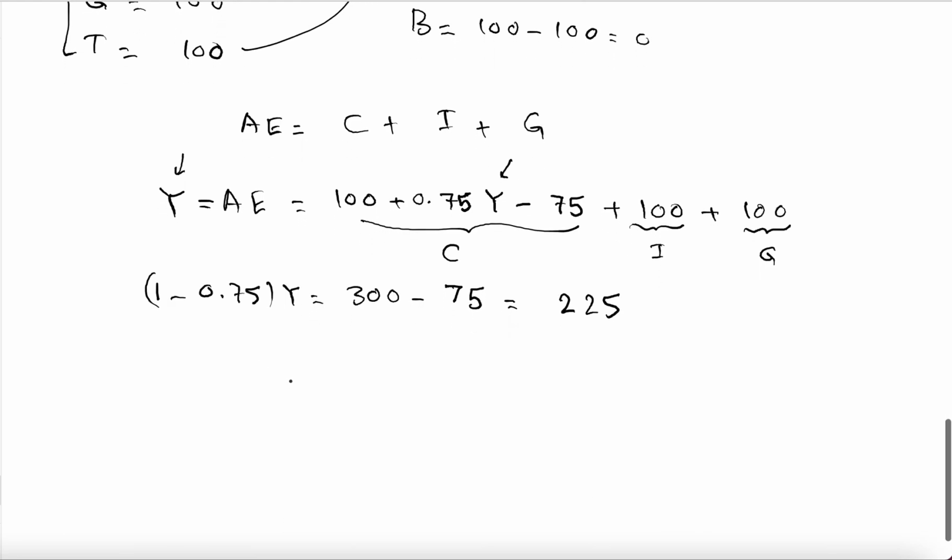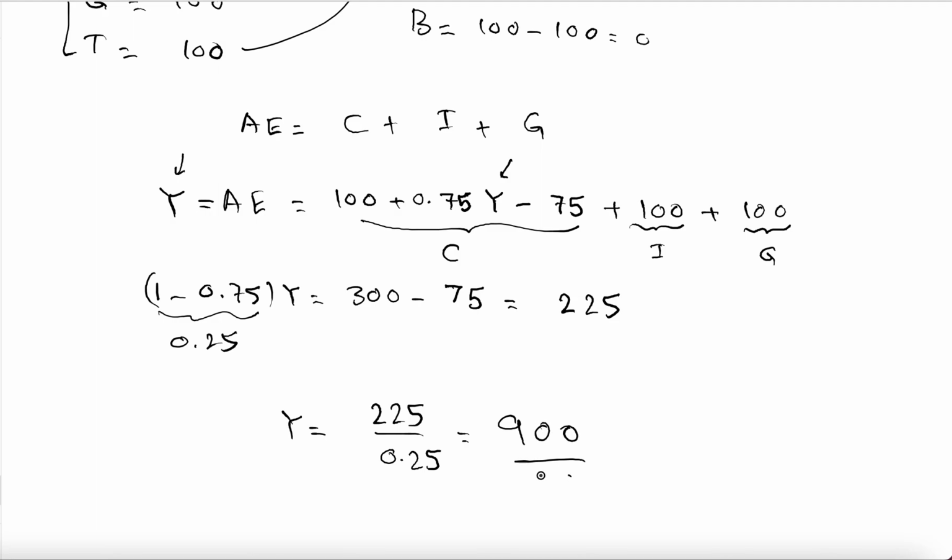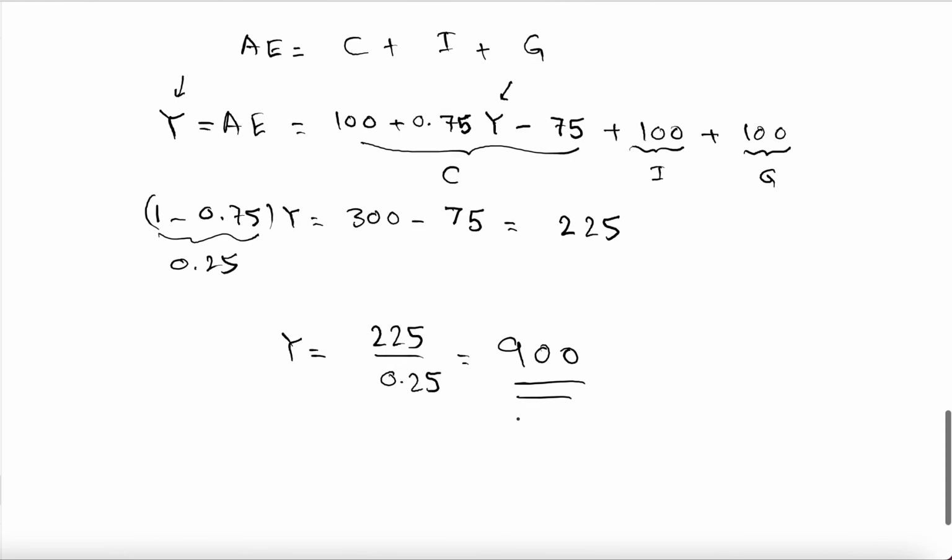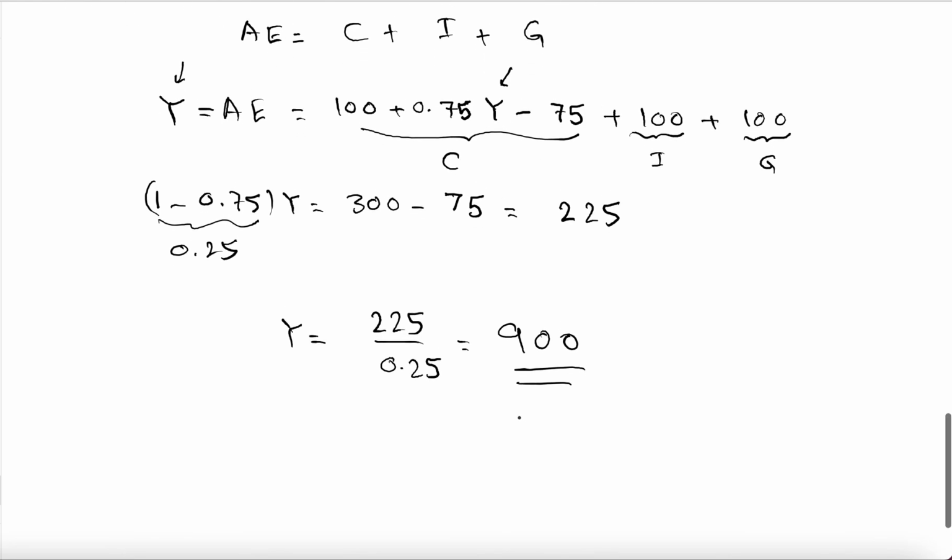And if you solve it, this is basically 0.25. So Y is going to be 225 divided by 0.25. So this is going to be 900, and that is the way you can resolve it with the equations.